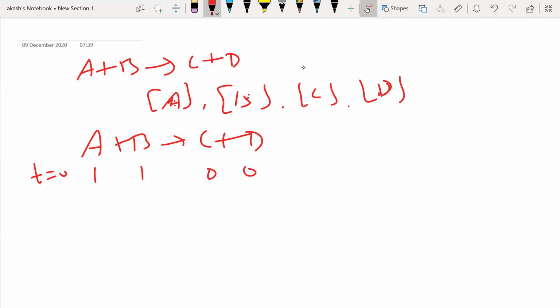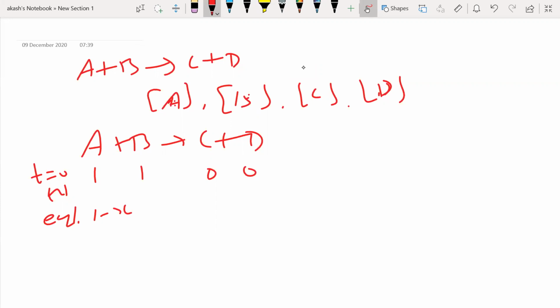We're talking about the number of moles. Please remember, concentrations will be different: number of moles by volume. Please don't forget that. Now, at equilibrium, what happens? Say I had some x reacting.